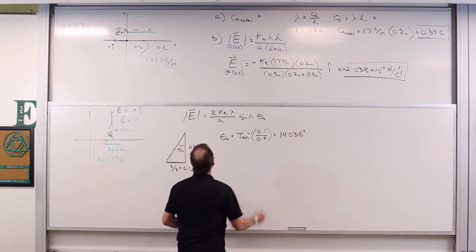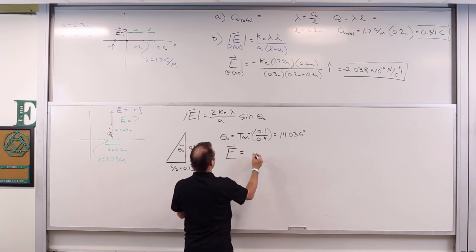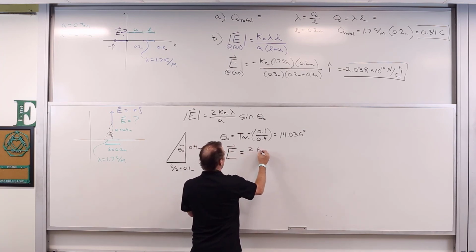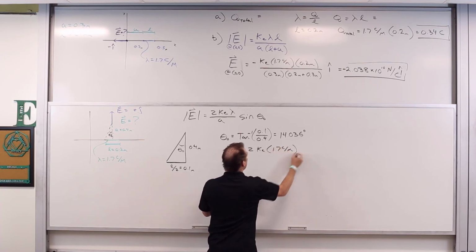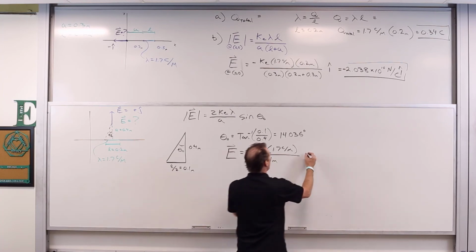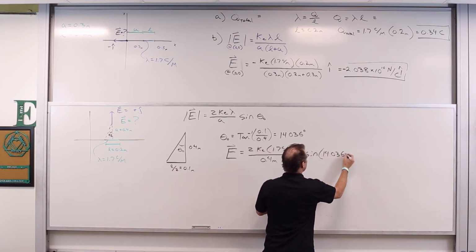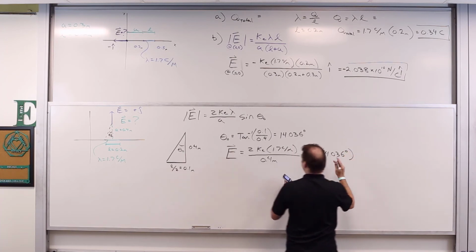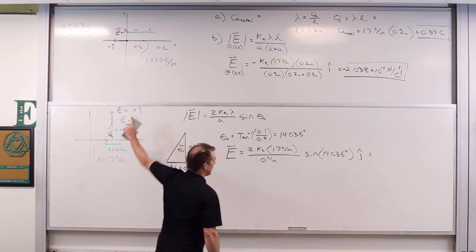And then we can go ahead and stick that in there and get ourselves that E hat itself is going to be equal to 2 times k sub e multiplied by 1.7 coulombs per meter divided by the distance away, which is 0.4 meters, multiplied by the sine of 14.036 degrees. And that is going to be in the positive j hat direction, which we've already determined.